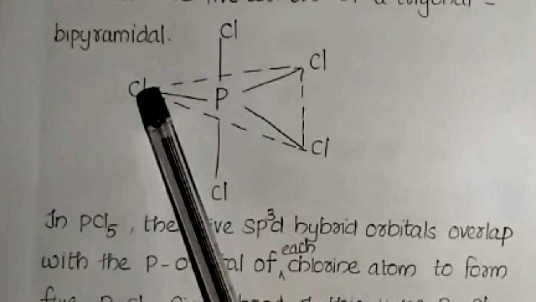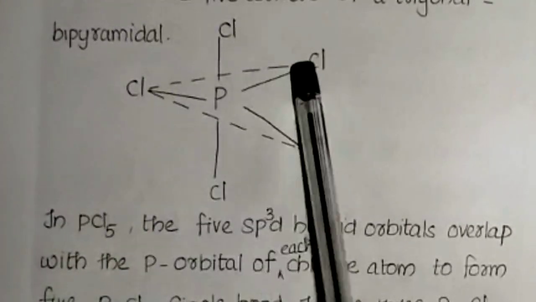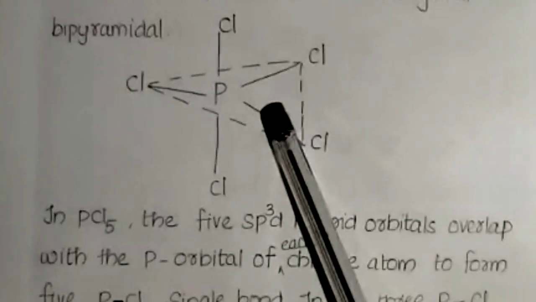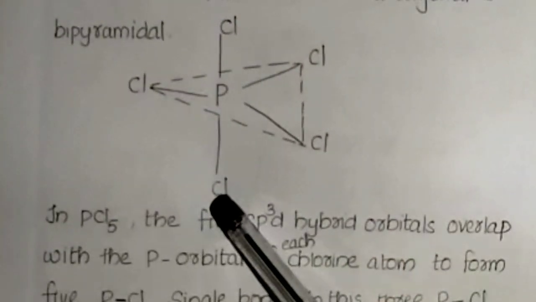These P-Cl sigma bonds that lie in one plane are known as equatorial bonds. Then the remaining 2 P-Cl bonds are lying above and below the equatorial plane.